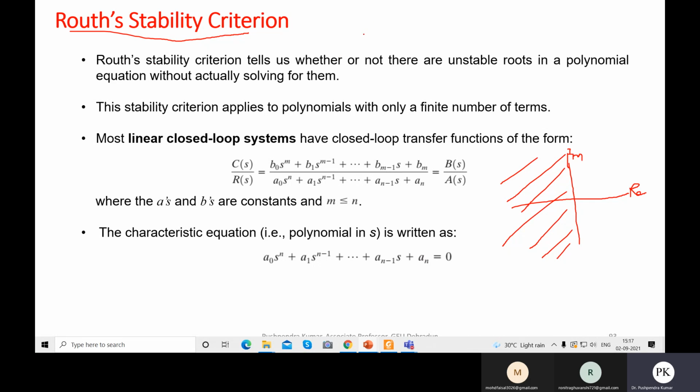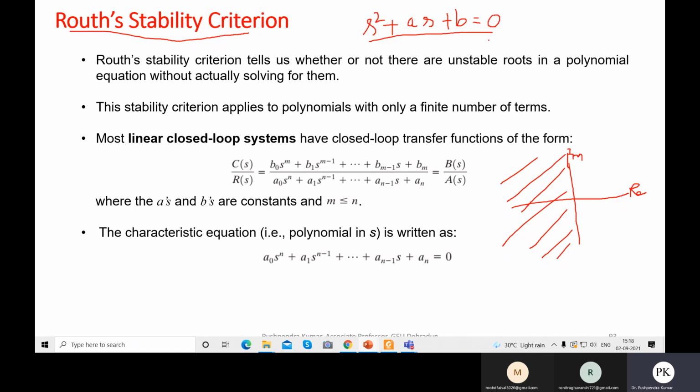Suppose you have a polynomial, say s square plus as plus b is equal to 0. Easily you can calculate the roots of this characteristic equation, isn't it? Because you have the Sridharacharya formula, from that you can calculate the roots of this equation.